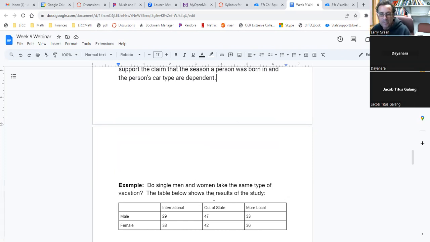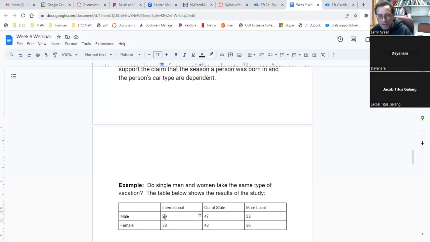The table below shows the results of the study. And we have male and female. And we have international, out of state, and kind of more local. And maybe when I say out of state, maybe I should really mean far away out of state, because if you're in Tahoe, out of state, I could walk out of state in less than an hour. But that's not true for most people. Okay, and here's our table.